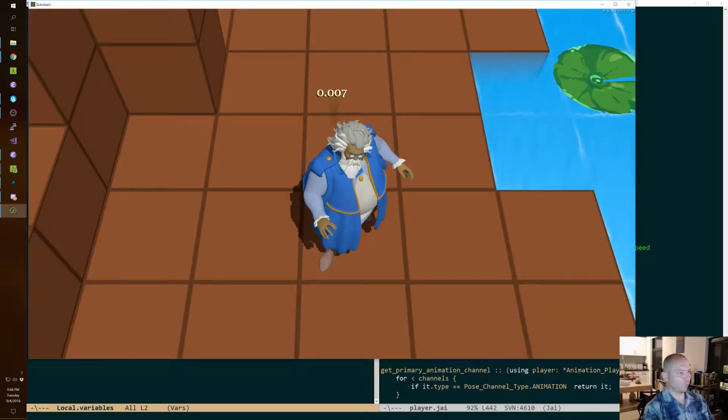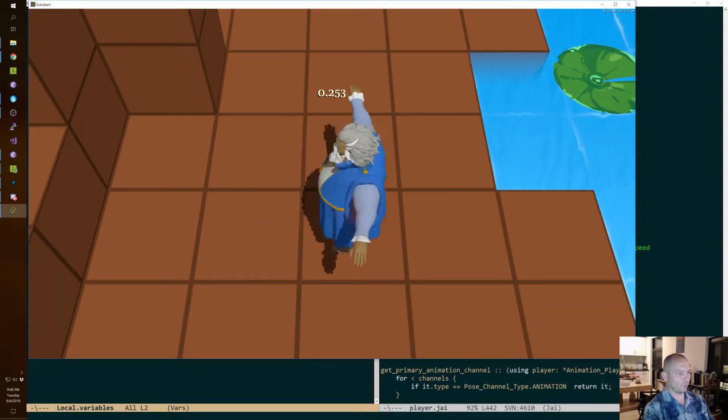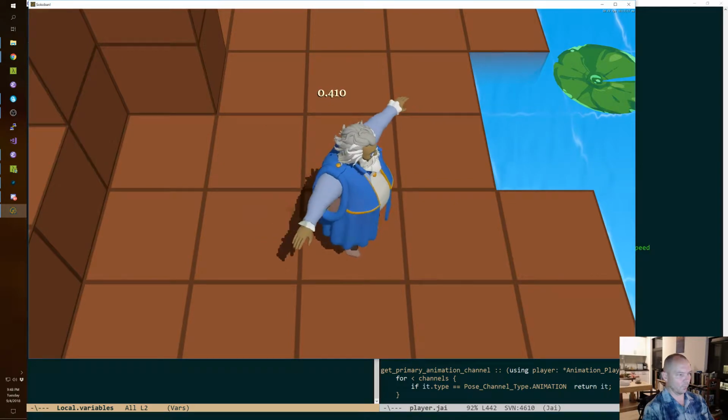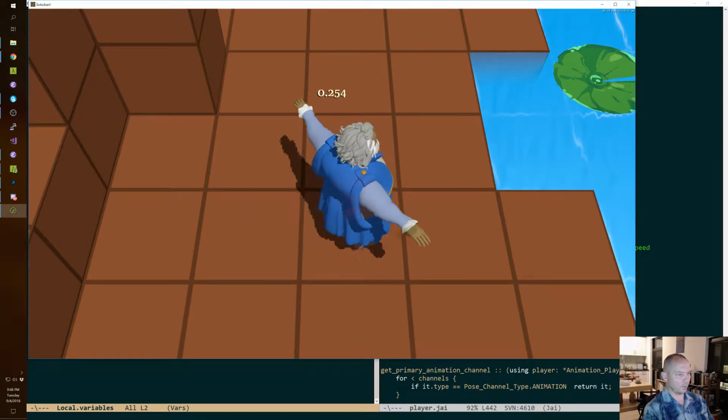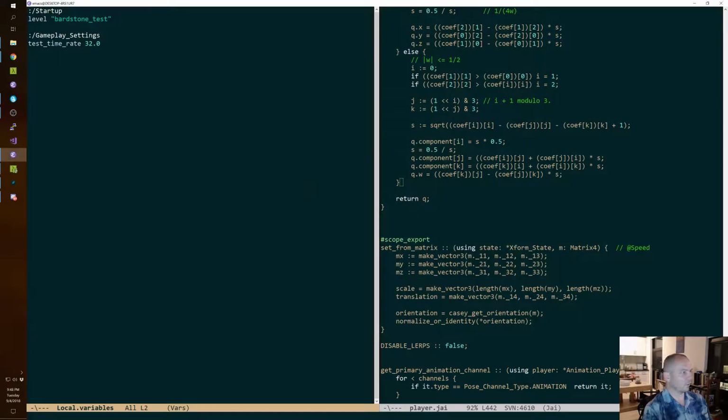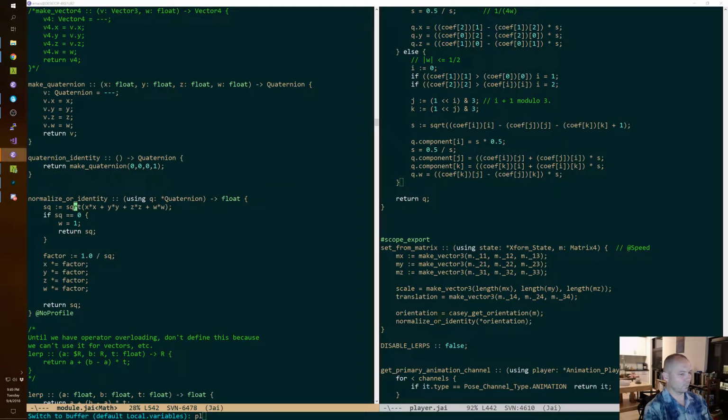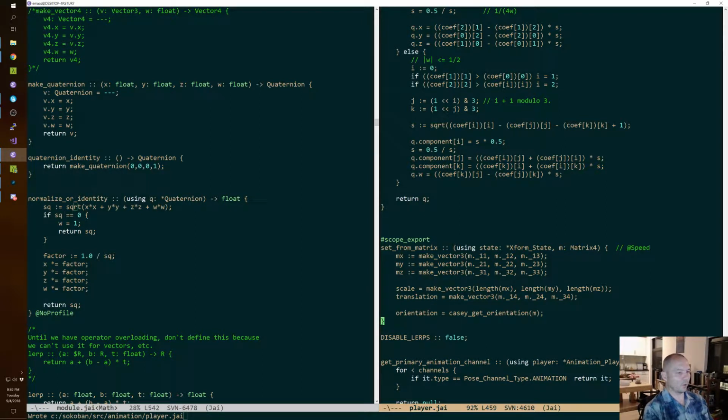I just want to know if it's this quaternion normalization problem that it could be. Nope. Still happening. All right. So post-normalizing this quaternion doesn't really do anything, which is weird. That would have been my number one guess for what's the problem.